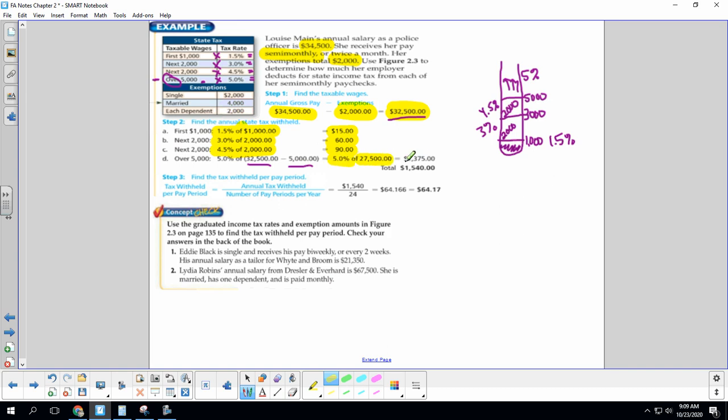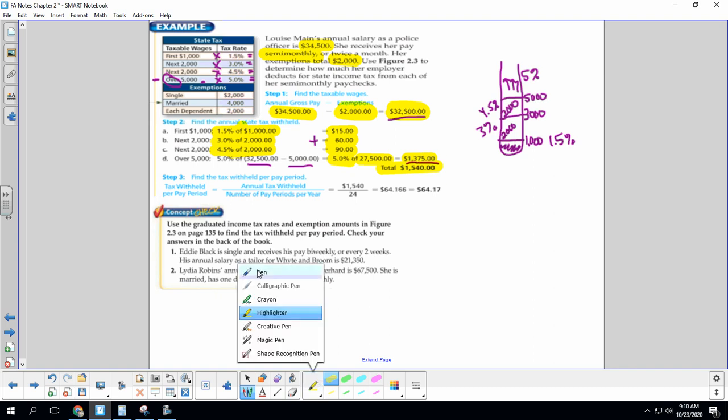We times that by 5% and we get 1,375. Now we're going to add all these pieces together: 15, 60, 90, and 1,375. So our grand total is going to be 1,540. We are going to use this table over and over again, so become really familiar: 15, 60, 90.